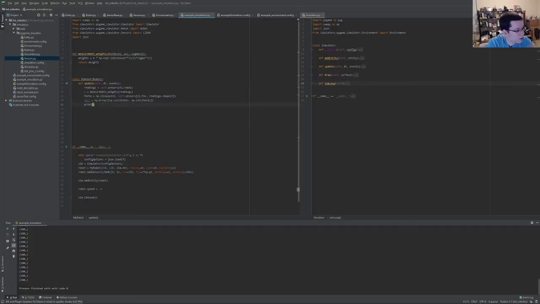And we're going to print vex.shape. Two by 180 is fine with me. Yes, that's fine with me.